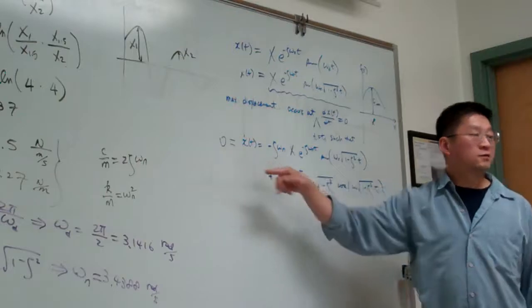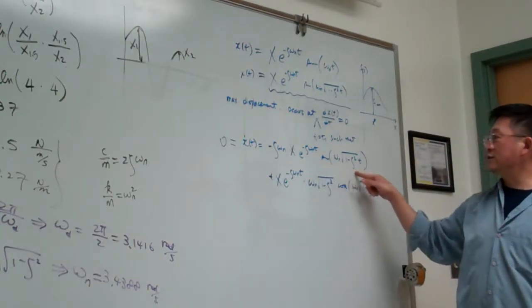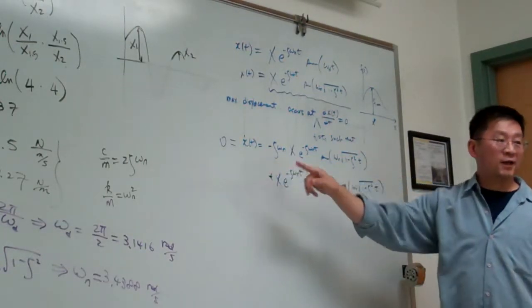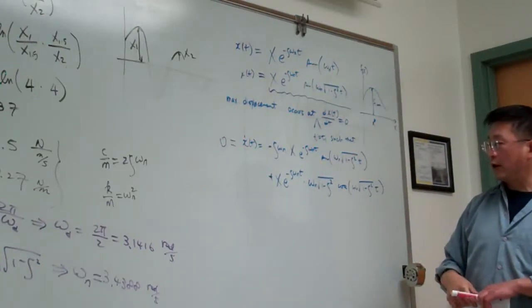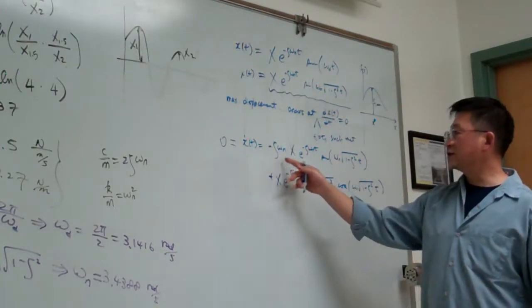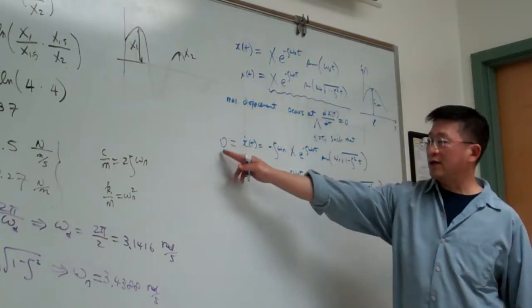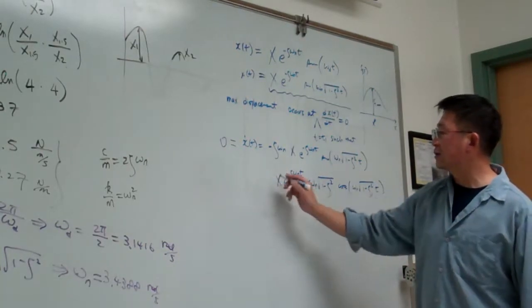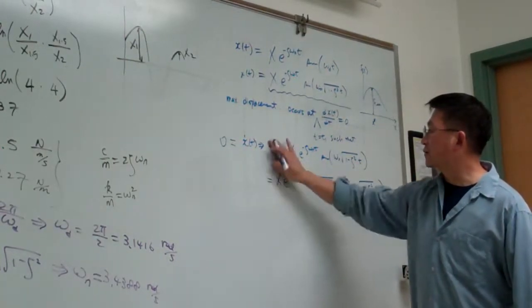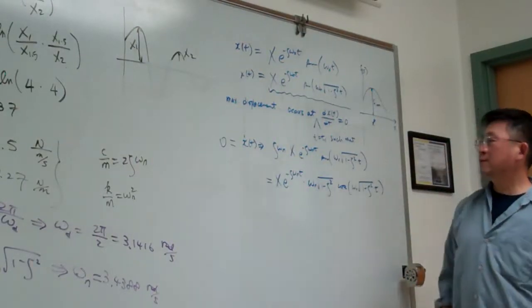Again, I want to move the first term to the left hand side of the equal sign, and right now I take advantage of the whiteboard. If I move this term to the left hand side of the equal sign, then basically this term becomes like this. Right?